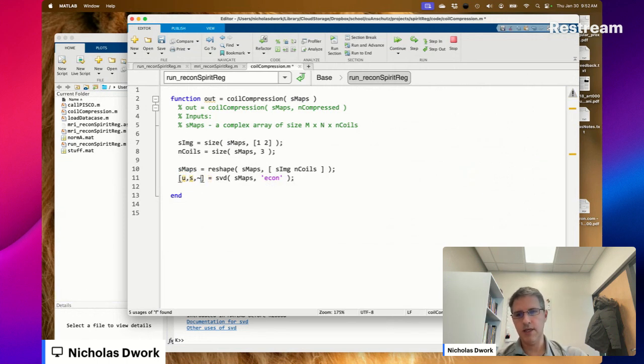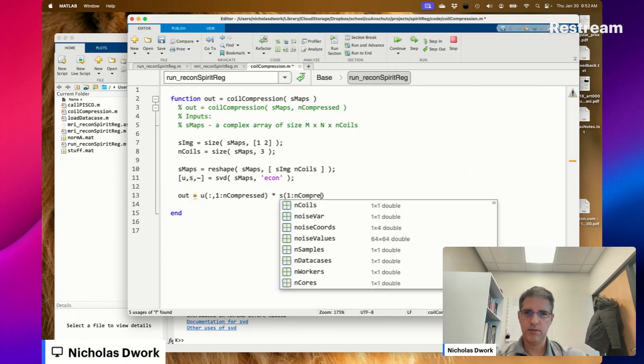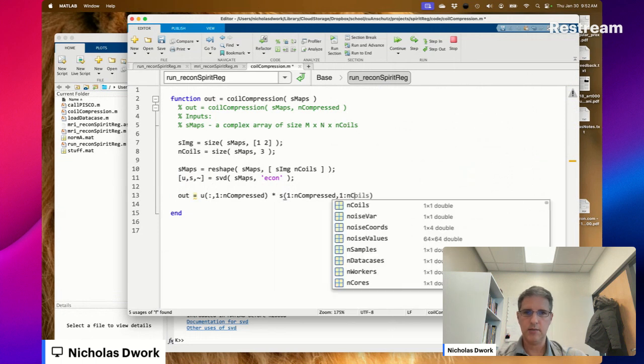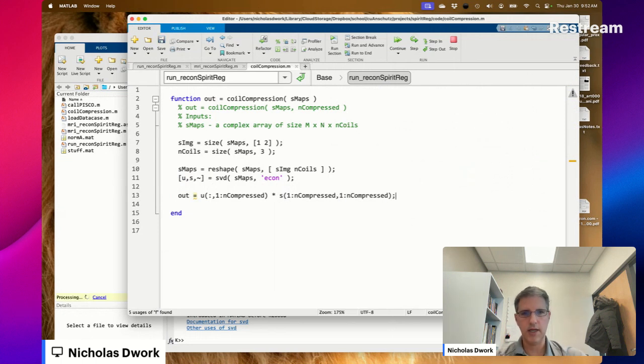I don't even think we need V. Out is equal to U, 1, 2, and compressed times S from 1, 2, and compressed, 1, 2, and compressed. This I don't think is going to work, but we're going to see.